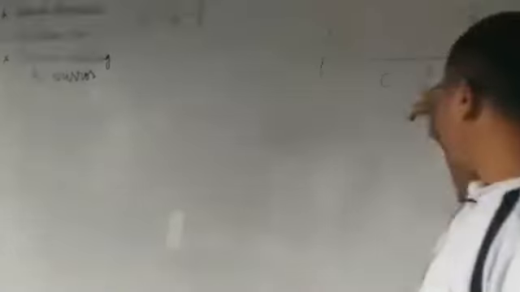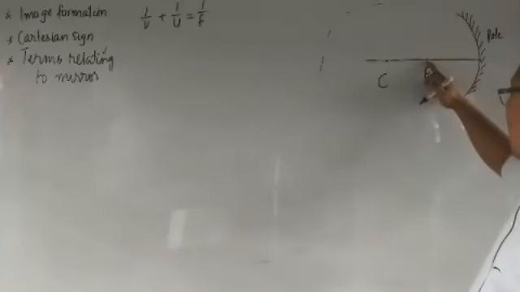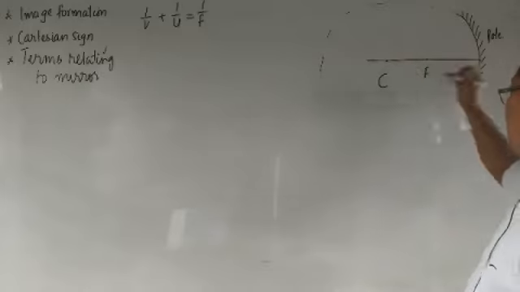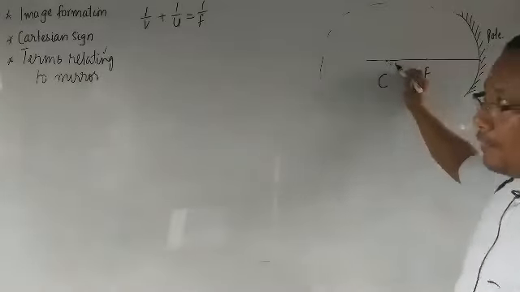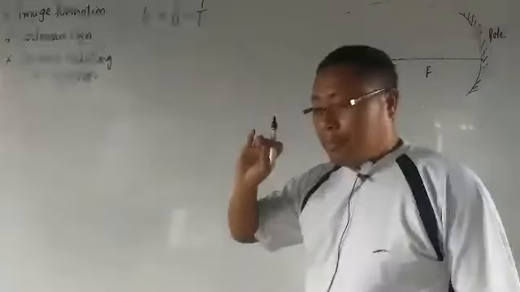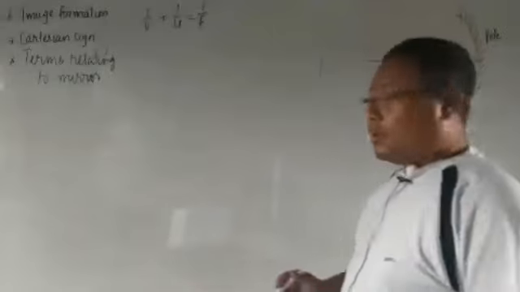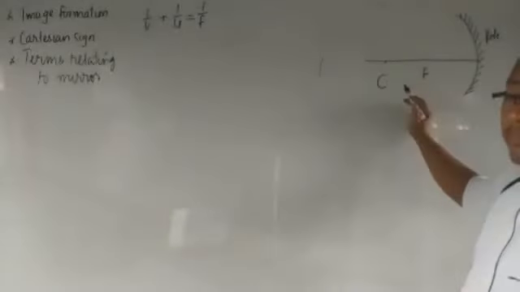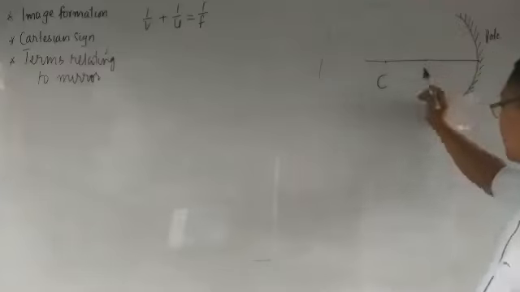This is called the focus. This focus always lies between the pole and the center of curvature, and whenever you draw any image formation, the ray diagram should always pass through the focus.